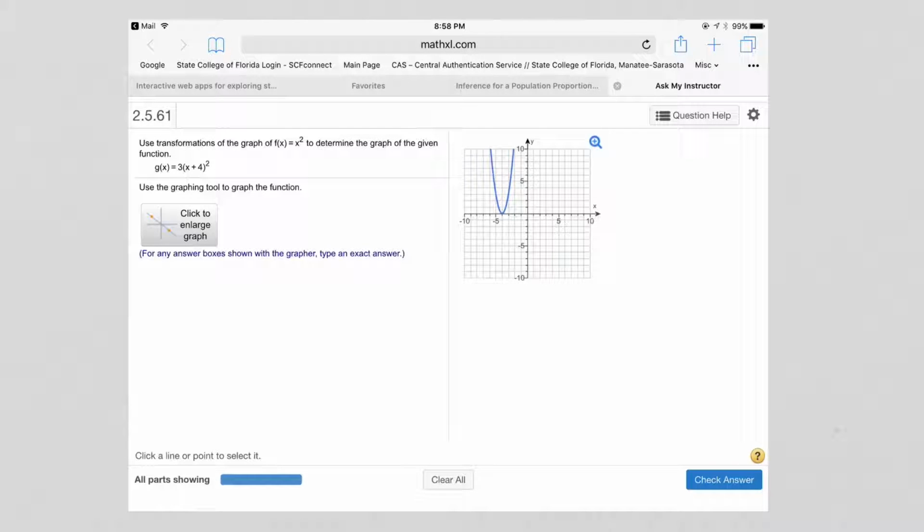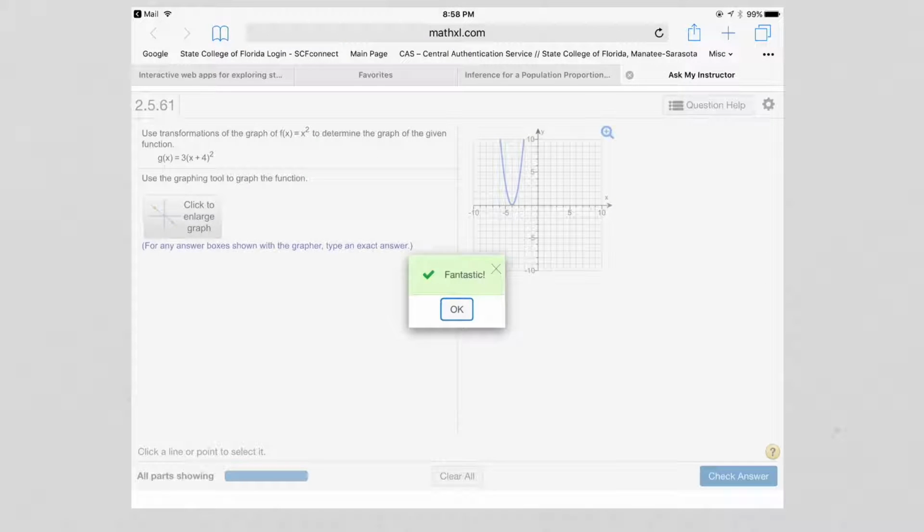So, sorry about the dead air there for a second. Okay, so now, once I click save, now it just comes to this screen, and now, oh, here we go. Now I can click check answer to see if that's the correct answer. All right. Look at that, I got the right answer. Okie dokie. So that's how you work with that graphing tool in my math lab.